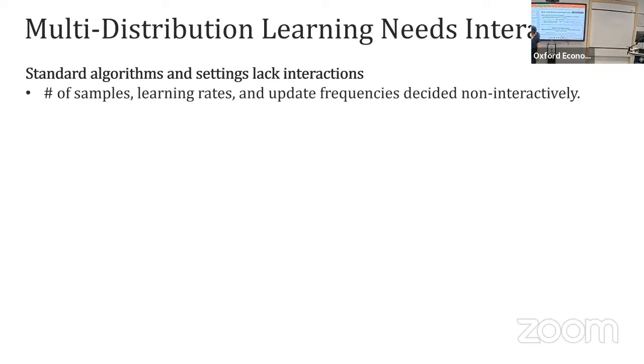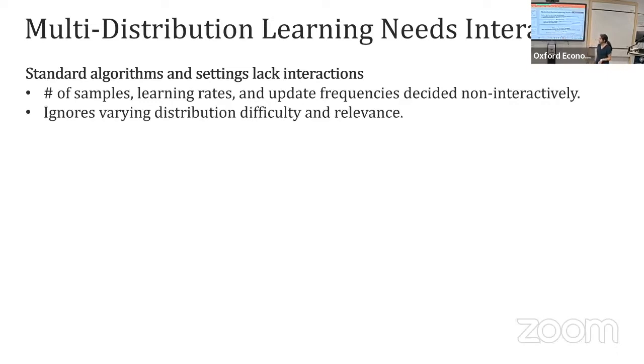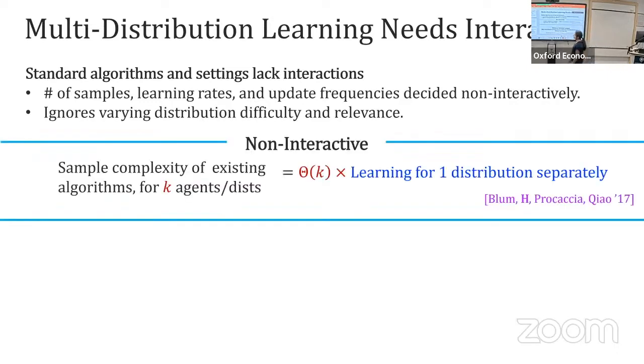For example, other than very specific low-level details, the number of samples they take, the learning rates they use, and the update frequencies they use are completely ignorant of the fact that there are multiple different types of populations. These are decided non-interactively and non-adaptively. This completely ignores difficulty and relevance.